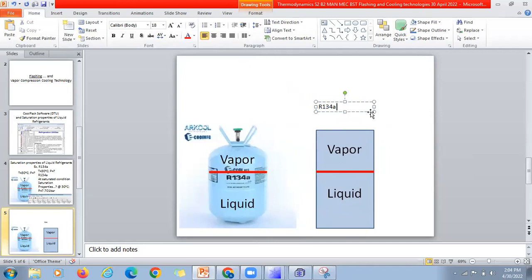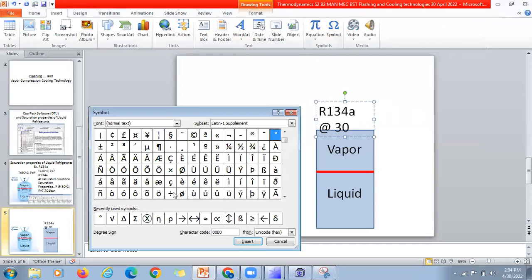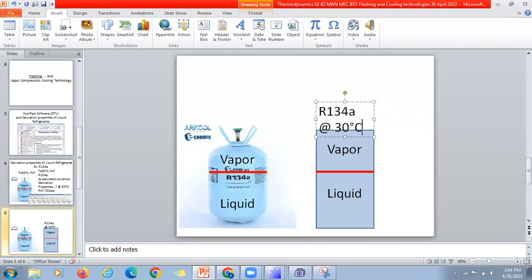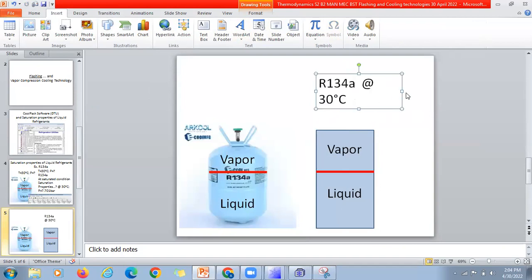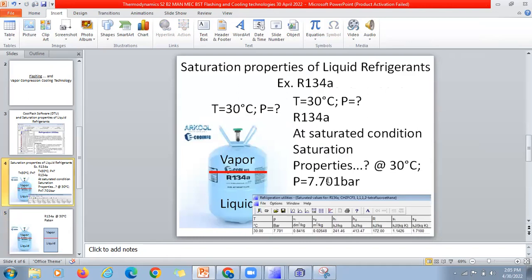So if this is R134A, let's say at 30 degrees Celsius, the absolute pressure P absolute is 7.701 bar.